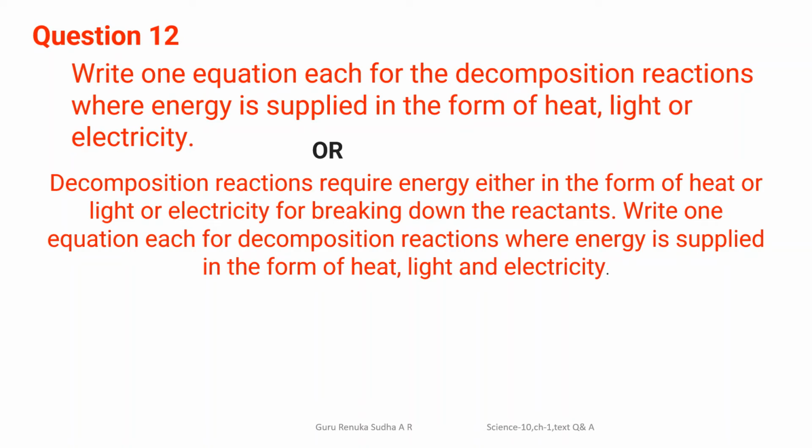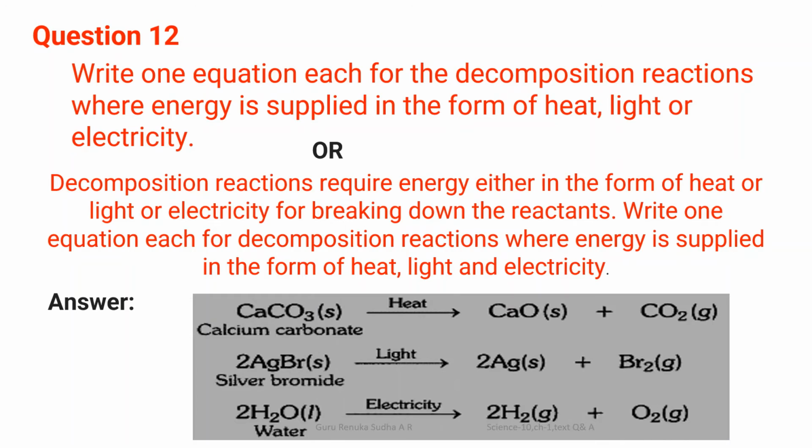Simply observe these equations and you can see how we can write them. Calcium carbonate, when heated, splits into calcium oxide and carbon dioxide. Similarly silver bromide splits in the presence of light. One example I have given: when you expose a photo reel to light, it gets blurred due to the chemical reaction called a photochemical reaction, which is also considered a decomposition reaction.